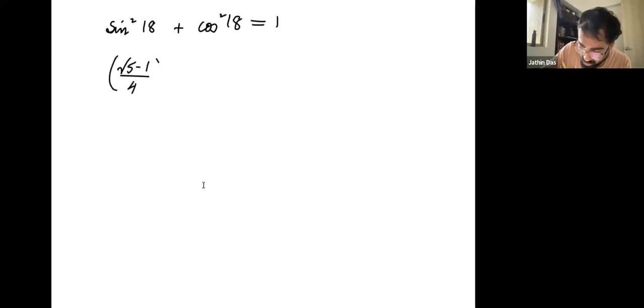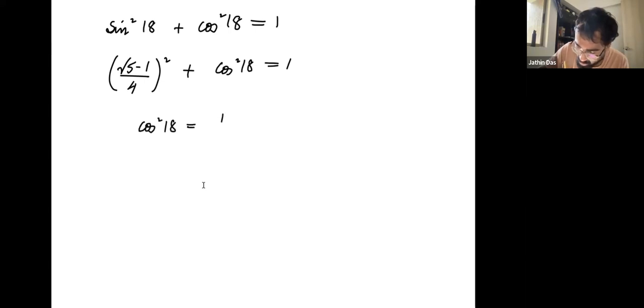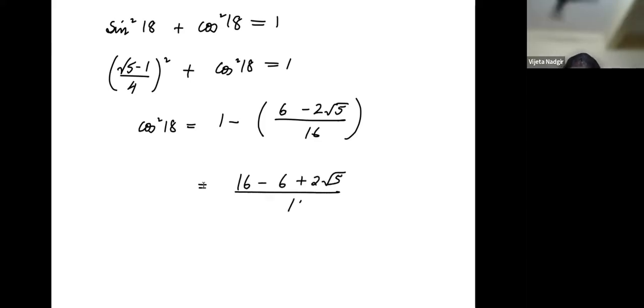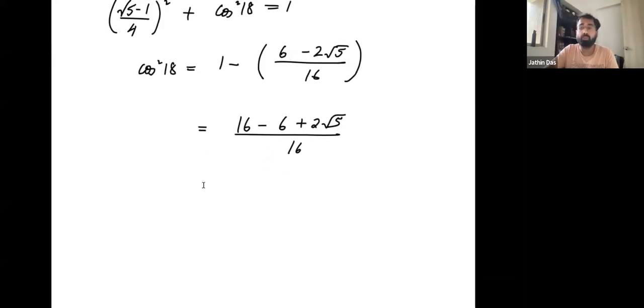Now, sin square 18 plus cos square 18, you know it is 1. So root 5 minus 1 by 4 whole square plus cos square 18 is equal to 1. So cos square 18 is 1 minus that. Now I'm directly writing. Correct?